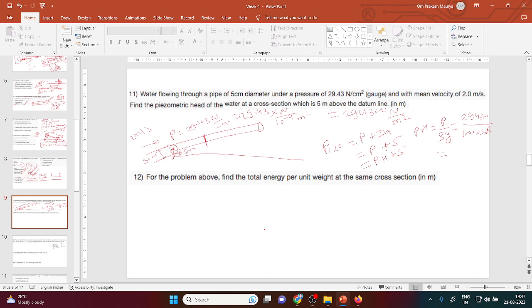Yes, please, everyone calculate. 294300 divided by 1000 into 9.81, that is 30. So you need to put here 30 plus 5. How much? 35. So 35 is the correct answer for question number 11.